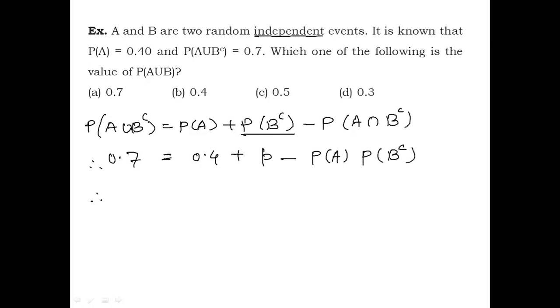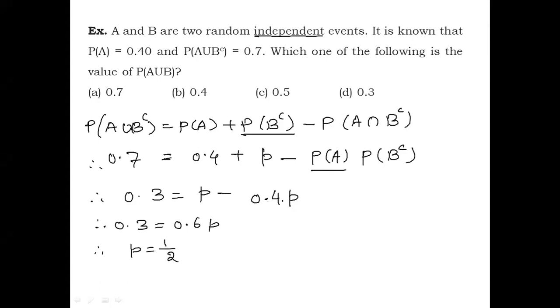So this will be equal to 0.7 is equal to 0.4 plus P minus 0.4 into P. Therefore 0.3 is equal to 0.6 P. Therefore P will be equal to 1 by 2, or 0.5. Then P means probability of B complement. Probability of B complement is equal to 1 by 2.